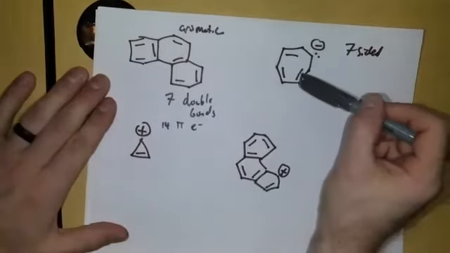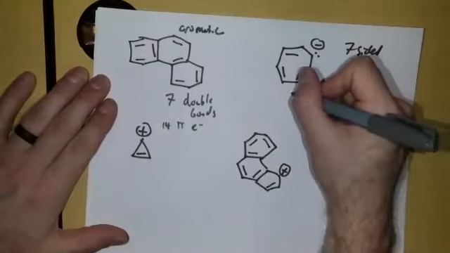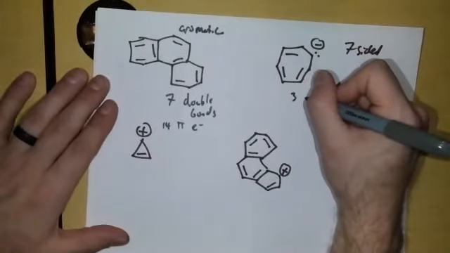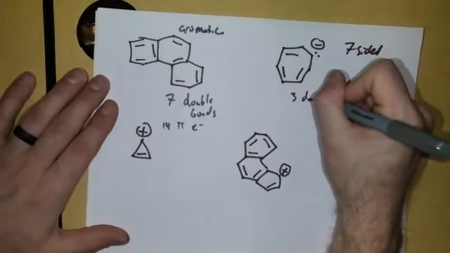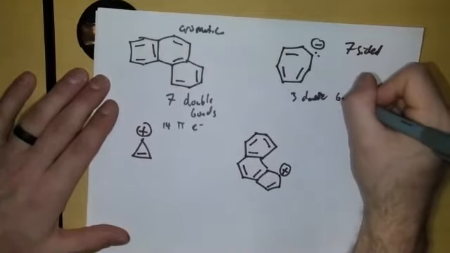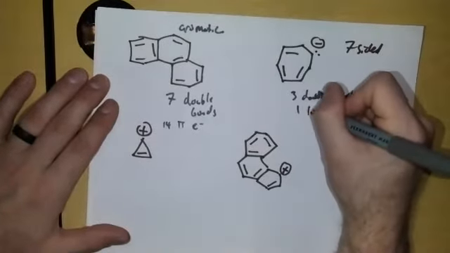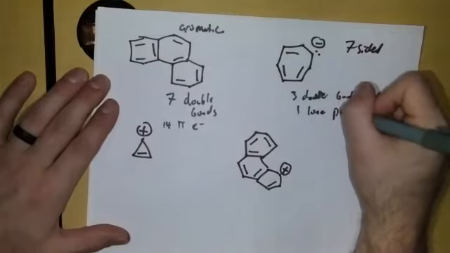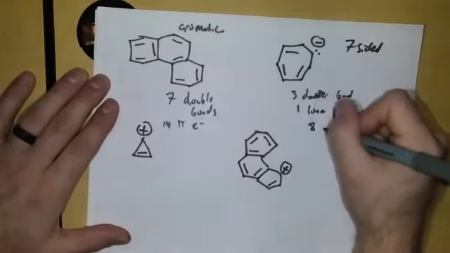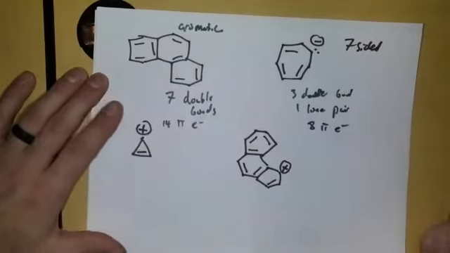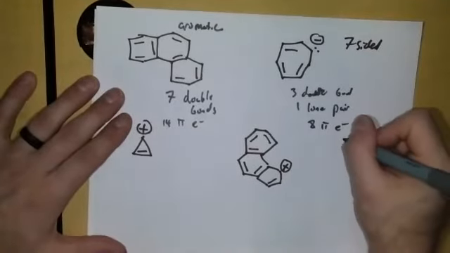Over here on the right, we have 1, 2, 3 double bonds. We have 1 lone pair, which gives us a total of 8 pi electrons, which makes this anti-aromatic.